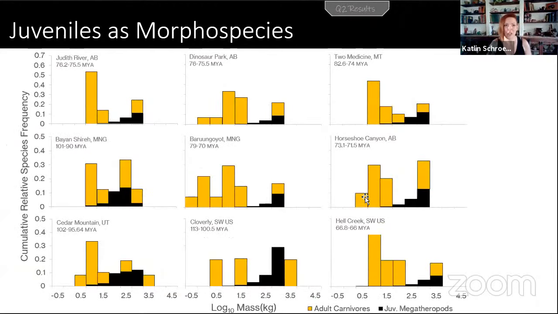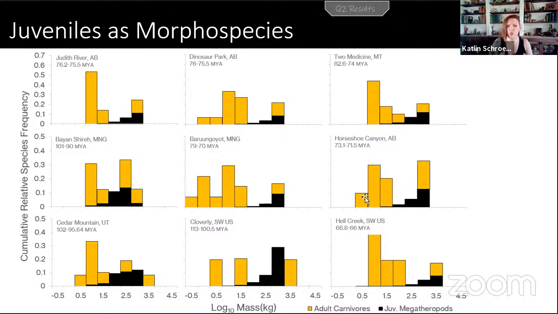So sure enough, when we do this, not only does the majority of juvenile megatheropod biomass fall within that gap, the carnivore gap starts to get filled, but the juvenile biomass is actually proportional to at least 80% of the biomass of adults for the majority of species. So if you think Tyrannosaurus rex as an adult has an effect on its community, the juveniles definitely do as well, right? So with the juveniles added, the carnivore distributions start to resemble their global distributions a little bit more.